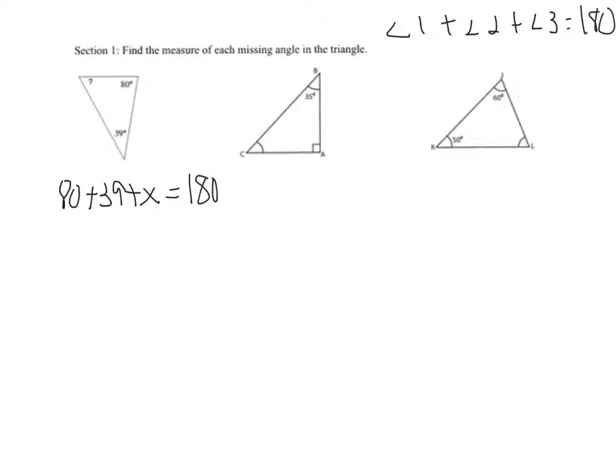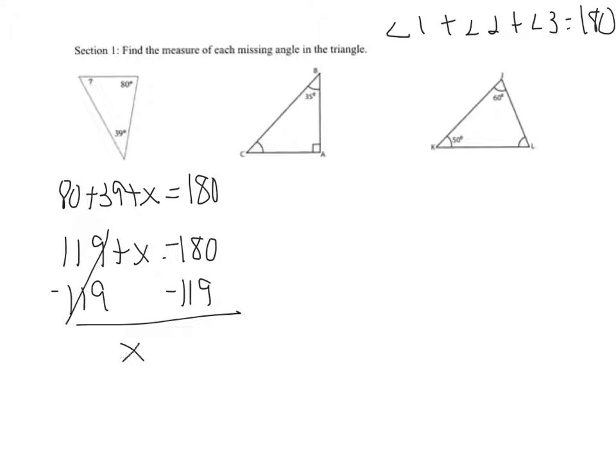Then I add the two like terms. 80 plus 39 is 119 plus x equals 180. And then I subtract 119 from both sides. These will cancel out to make 0. And then I will have 61 degrees left over. And do not forget to label. This little symbol is very important because we are talking about angles.